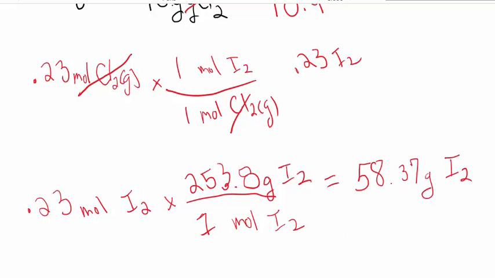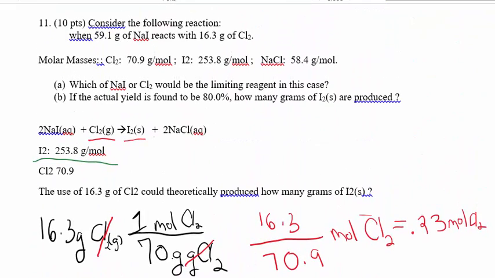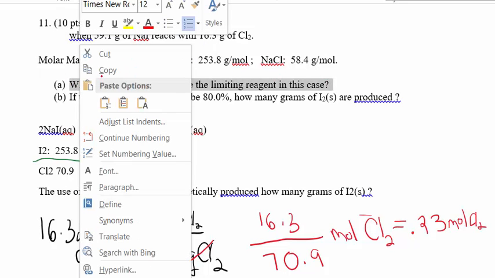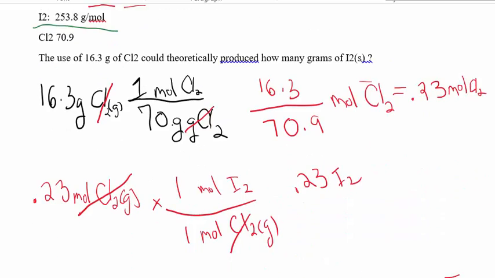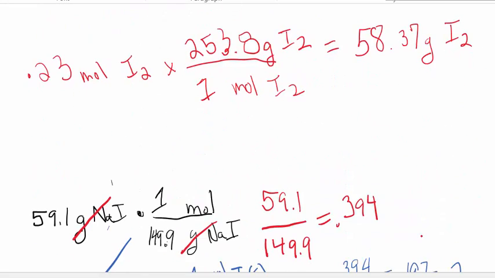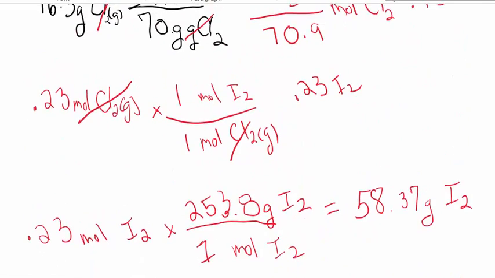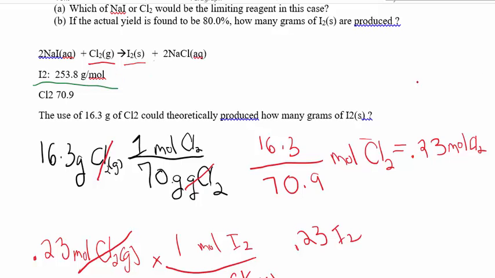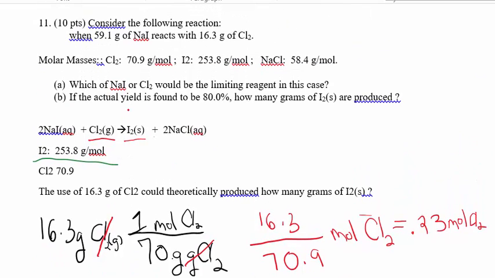Alright, so the next question is actually kind of straightforward. The limiting reagent question, all it's asking for is which one of these yields the least, the one we only have a little bit of, right? Which one of these, we don't have enough of, is kind of holding us back, right?